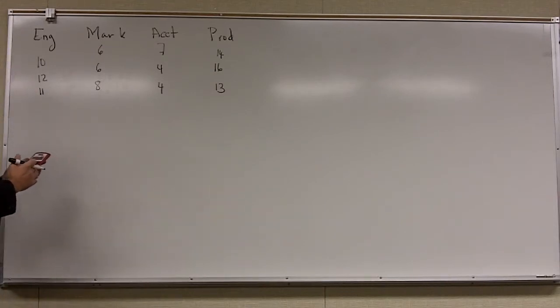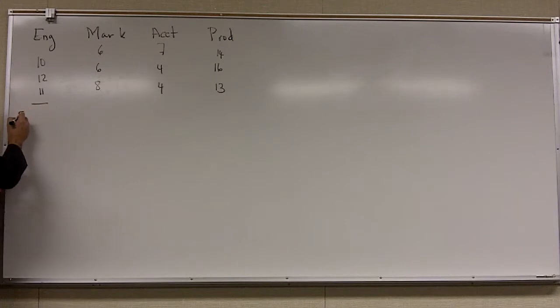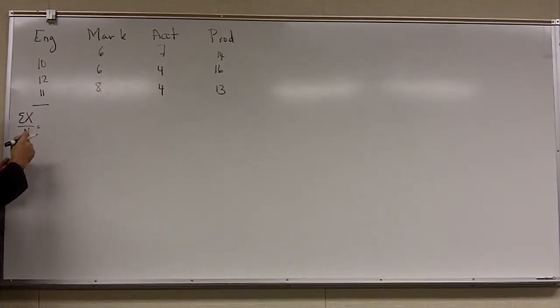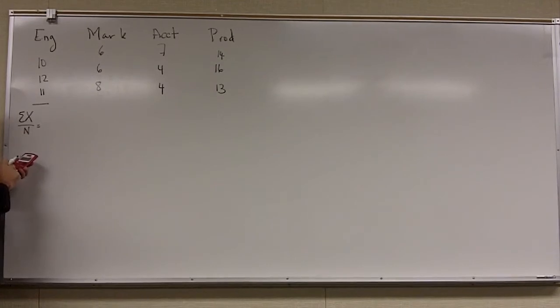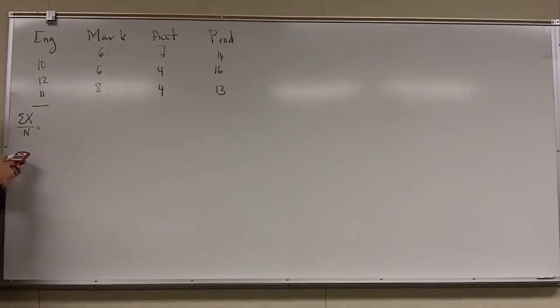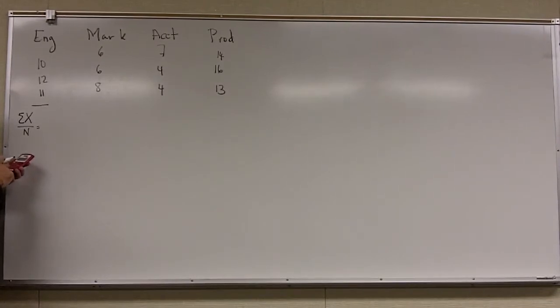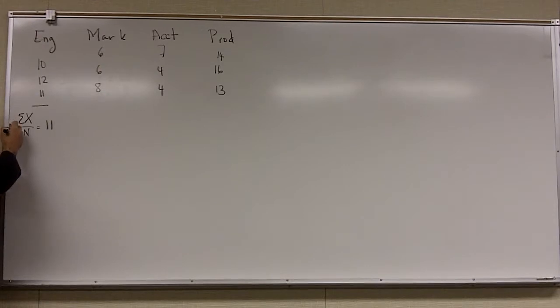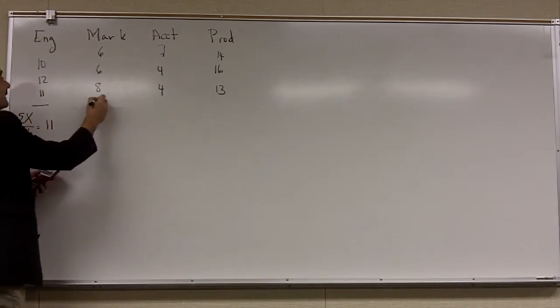Okay, so here's engineering. Let's get their mean, sum of x over n, which is 10 plus 12 plus 11 divided by 3 gives us 11. Their mean is 11. M1 equals 11.